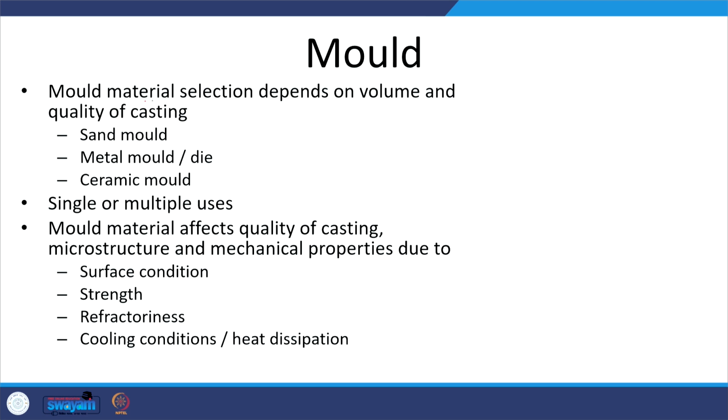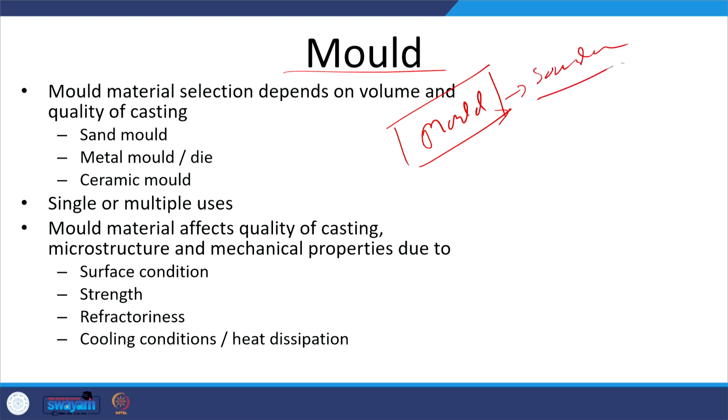Now we will be talking about the mold. As I have said, the mold in a gating system is one member, but it is a very important component because it determines the soundness of the casting apart from the size and shape. Other members of the gating system help in ensuring this aspect.